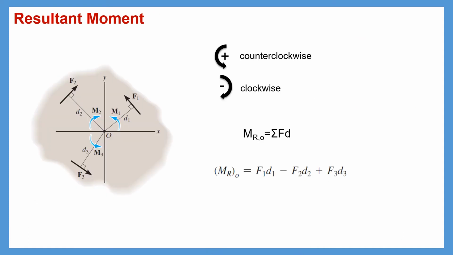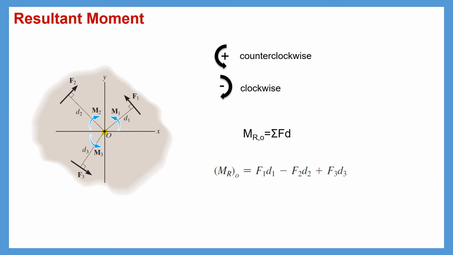If more than one force lies in an xy plane, then the moment produced by each force about point O will be directed along the positive or negative z-axis.